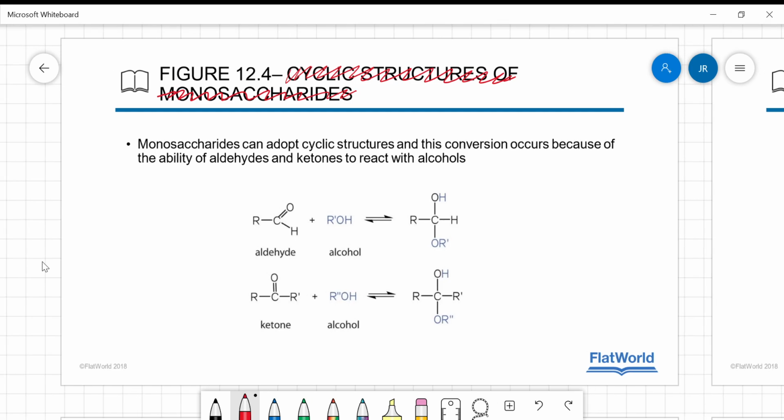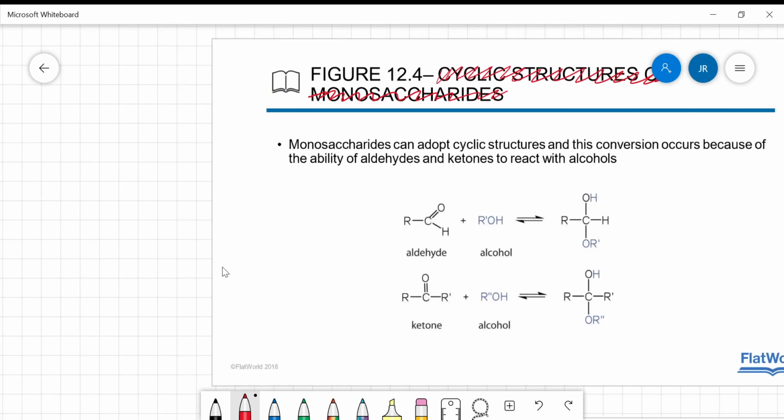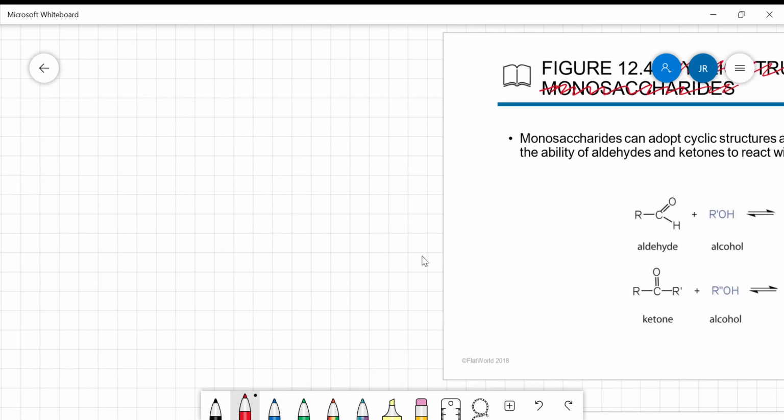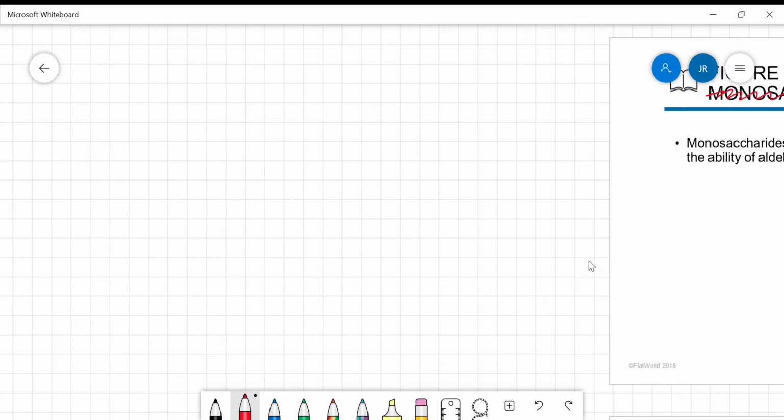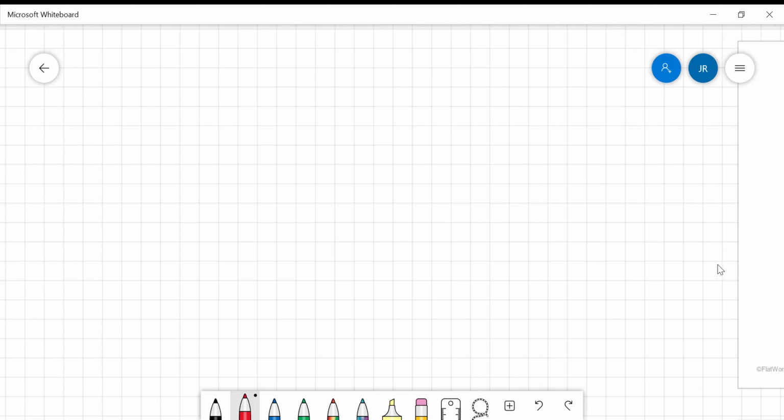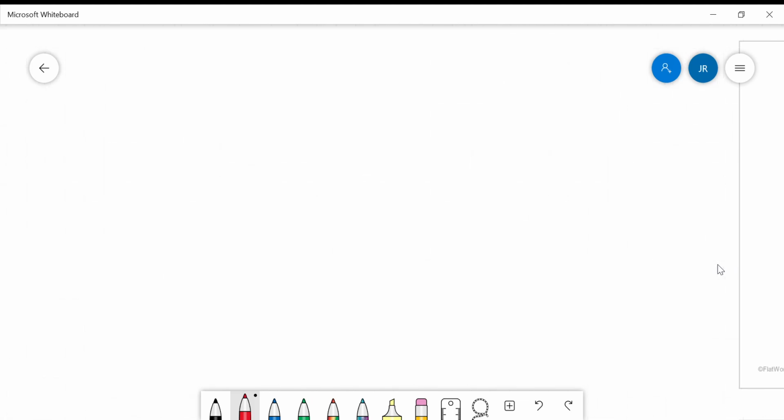So I'm actually going to get rid of that because I think we can expand it a little bit over here. Okay. So first of all, there's types of alcohol. There's first degree or primary.